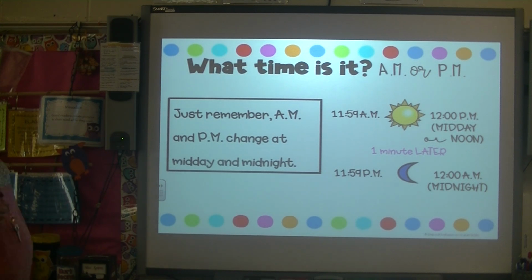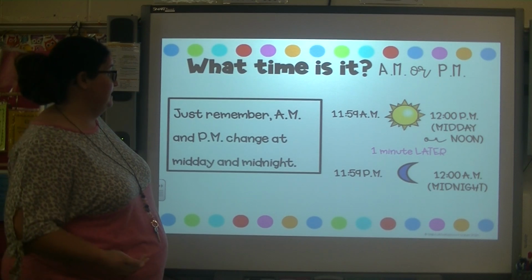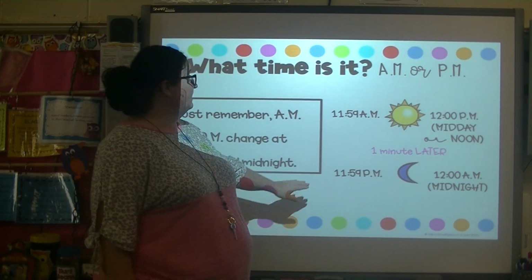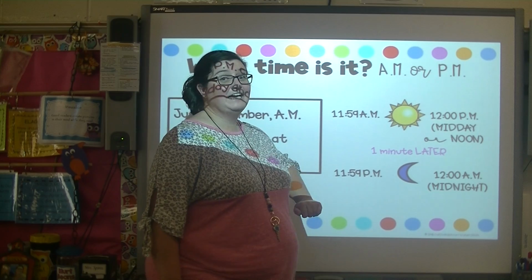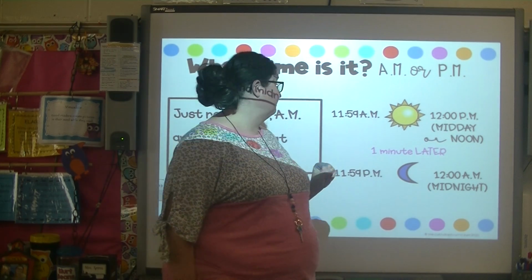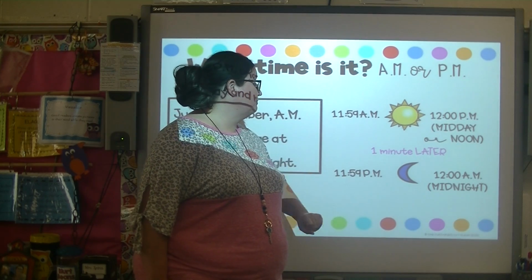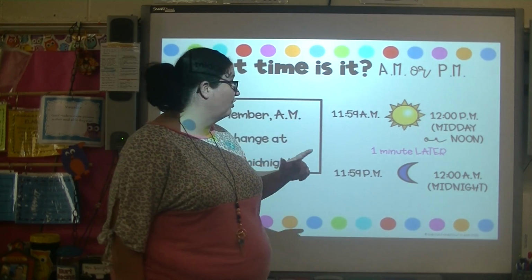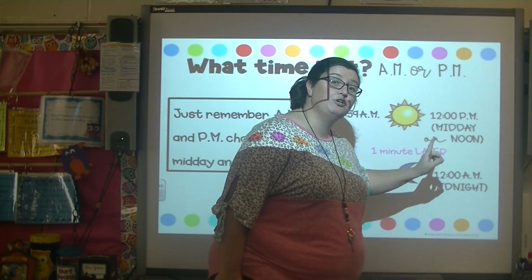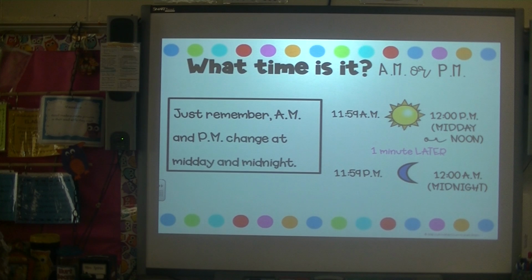Just remember, AM and PM change at midday and midnight. 11:59 is AM, but when we change to 12 o'clock, it's PM. 11:59 is PM, but 1 minute later at 12 o'clock we switch to AM. So that's our switch.